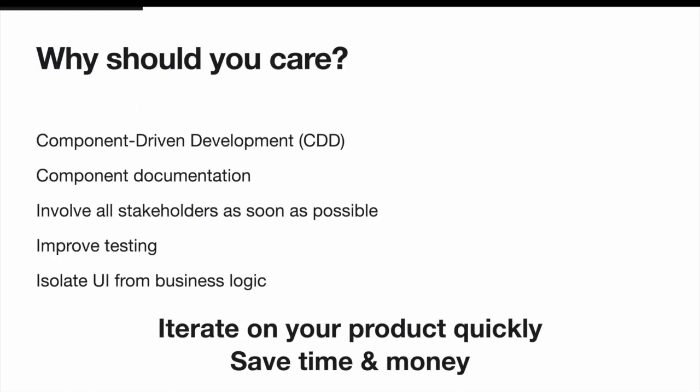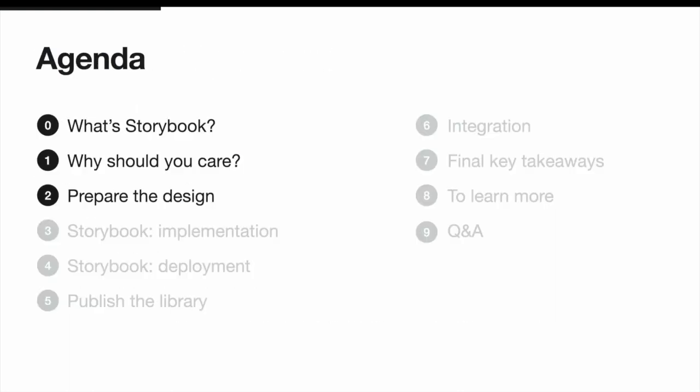Why should you care? So you should care because Storybook allows you to use a component-driven development approach. So isolating the UI from the business logic, allowing you to develop faster and better communicate between developers and designers. Storybook allows you to have your component documentation all in one place.